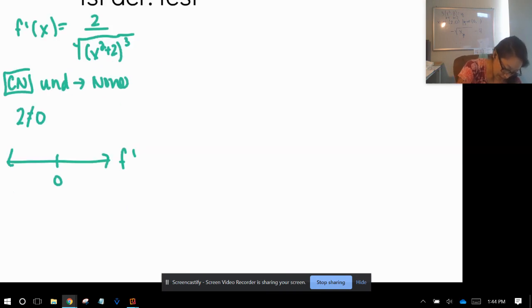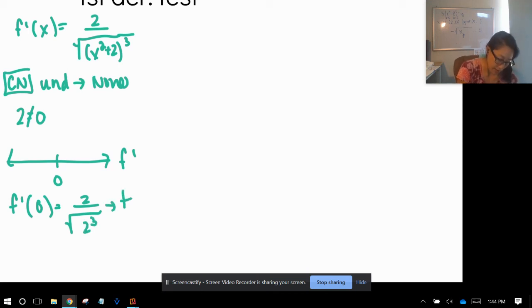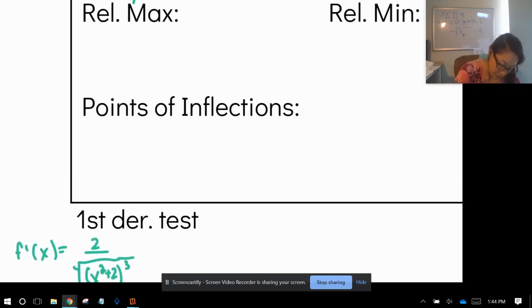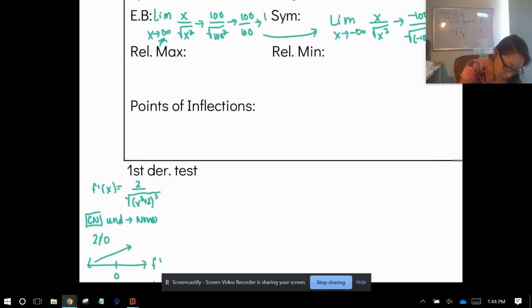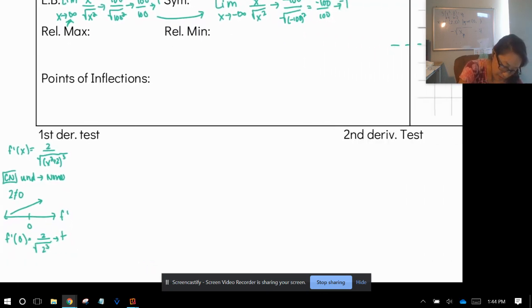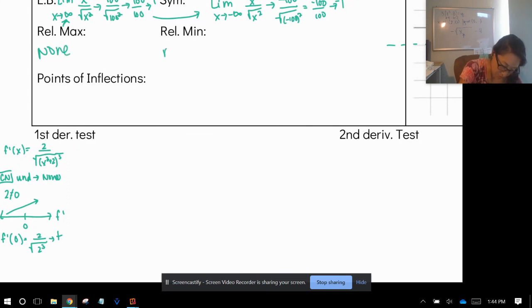F prime of 0 is going to equal 2 over the square root of 2 cubed, which I can see is going to give me a positive value. So this function is always increasing. And that also means that because we're always increasing, we have no relative mins and no relative maxes either.